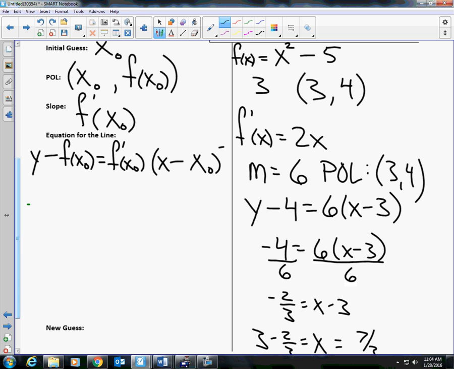We're finding what spot on the line? The x-intercept. So if I'm finding the x-intercept, that means I set y equal to 0. So I have negative f of x sub 0 is equal to f prime of x sub 0 times x minus x sub 0.